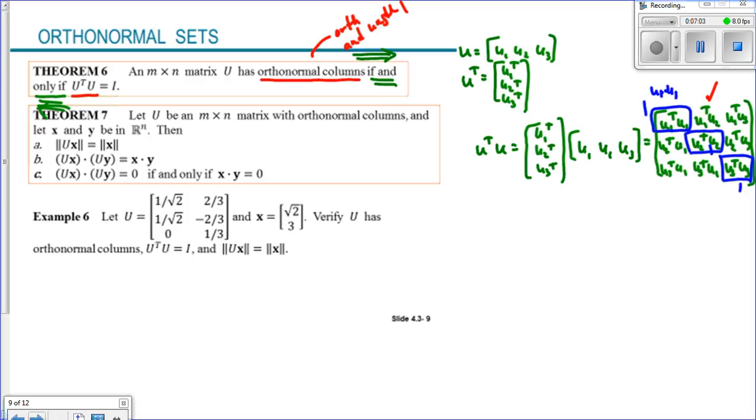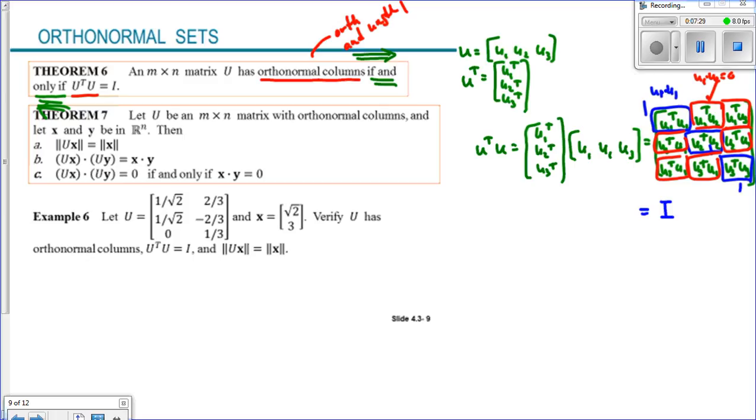This is just U1 dotted with U2, which we know is equal to 0. So anytime the two vectors are distinct, we're going to have 0, which is everywhere except down the main diagonal. Okay, so we indeed do have the identity matrix. Okay, so you can see why that might be true.